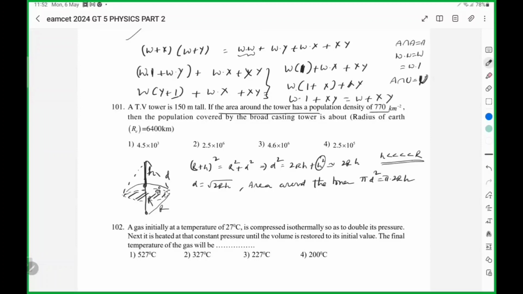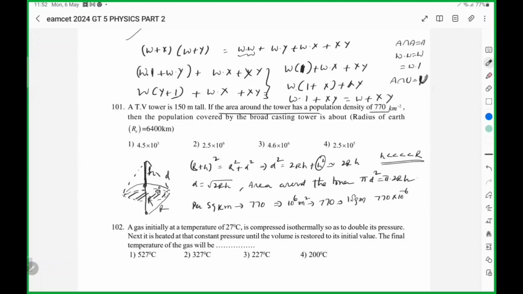So here the population for 1 square kilometer, the population density is 770 people. That is 10 power 6 meter square, 770. So for 1 square meter, 770 into 10 power minus 6.